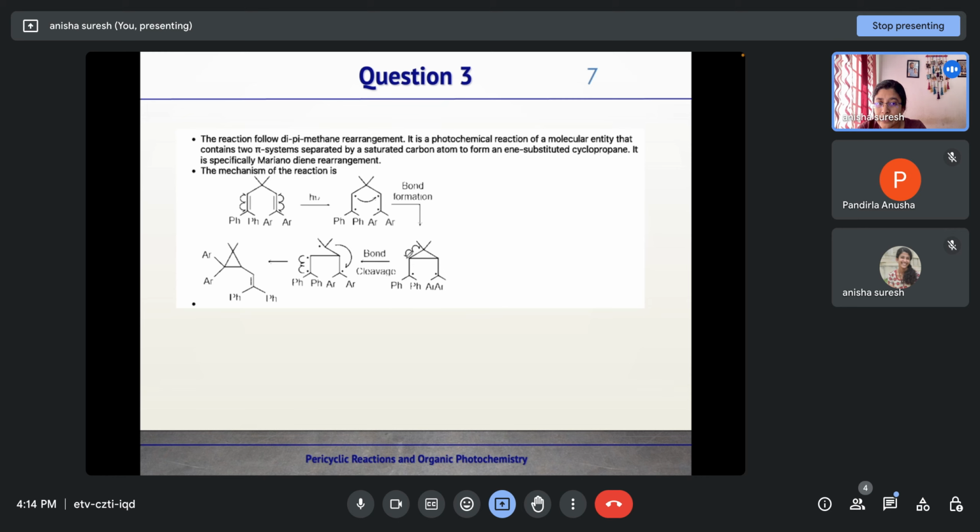So it is breaking in this direction, and this radical that will be forming can combine with this aryl group. This is also an aromatic system.